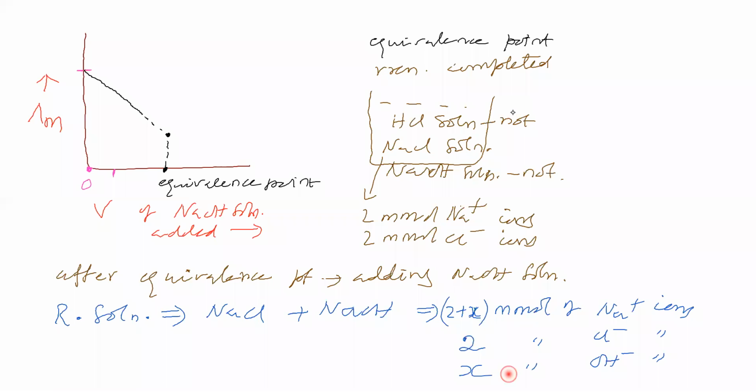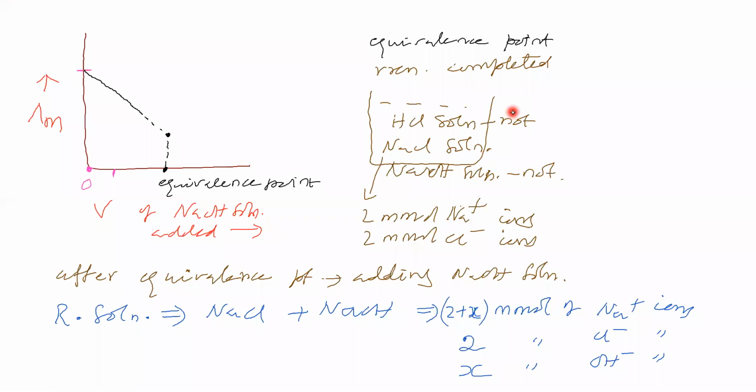Total number of ions is this one plus this one plus this. But at the equivalence point, see how many millimoles of ions are there. Here sodium is 2, but here sodium is 2 plus X. Here Cl- is 2, here also Cl- is 2. Here additionally OH- ions are there; there, no OH- ions.